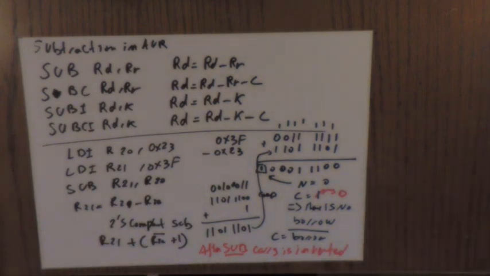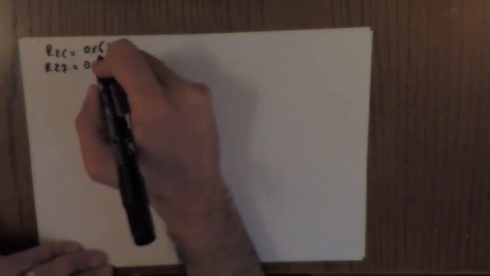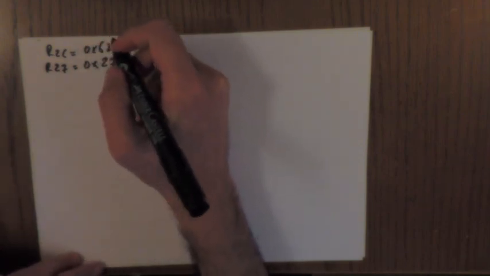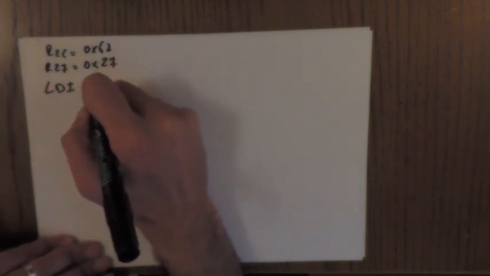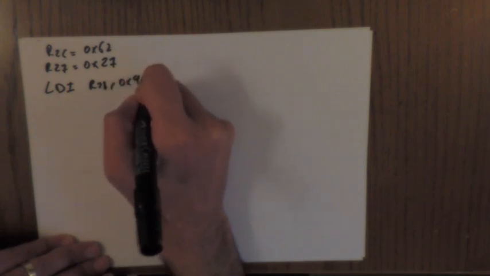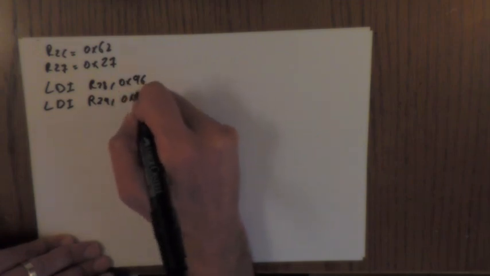Now, if we take another example to illustrate more with the SUBC example. Let's say R26 has the value 0x62 and R27 has the value 0x27. We want to do something like this: LDI R28, 0x96; LDI R29, 0x12.